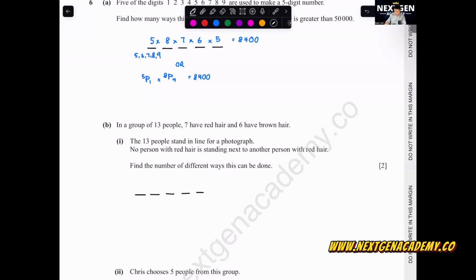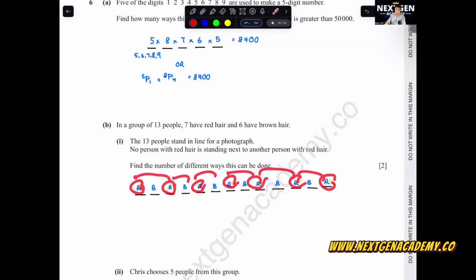1, 2, 3, 4, 5, 6, 7, 8, 9, 10, 11, 12, 13. How many ways can we arrange them by putting their positions? It needs to start with red, right? Can you start with brown? Cannot, right? Must always be red first. So red, brown, red, brown, red, brown, red, brown, red, brown, red, brown, red. What it means is that these 1, 2, 3, 4, 5, 6, 7 positions all need to be red, but they can interchange with each other between the reds.